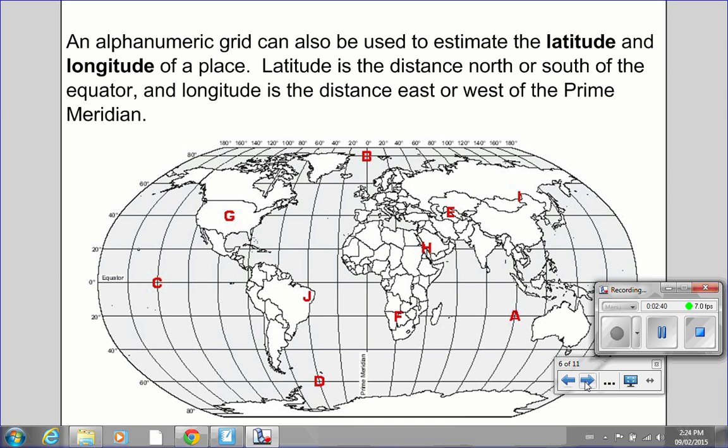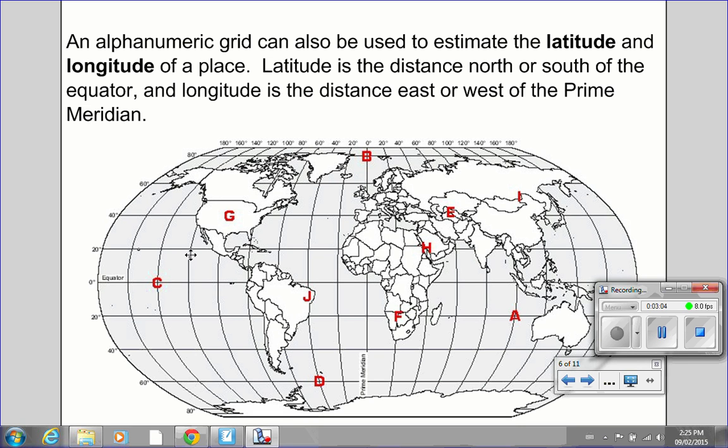An alphanumeric grid can also be used to estimate the latitude and longitude of a place. Latitude is the distance north or south of the equator, and longitude is the distance east or west of the prime meridian.